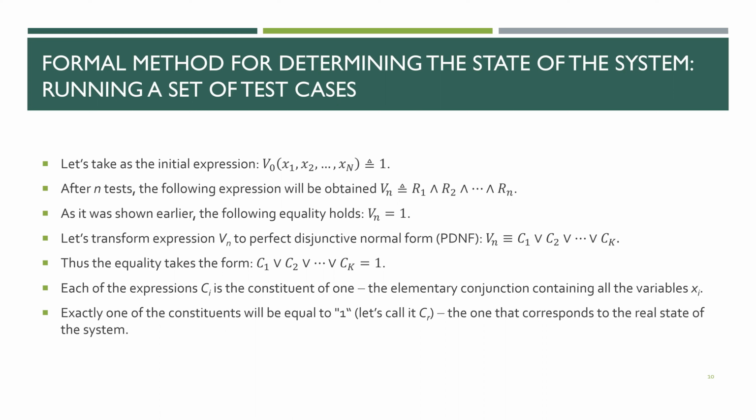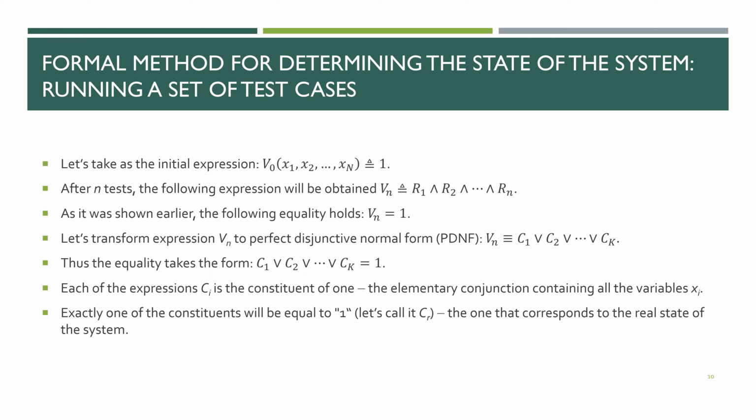Now let's take the initial expression V0, which is equal to 1. It's not an expression, it's just a constant 1. After n tests, the following expression will be obtained. Vn is a conjunction of expressions Ri, which are built as shown on the results of the appropriate test case.